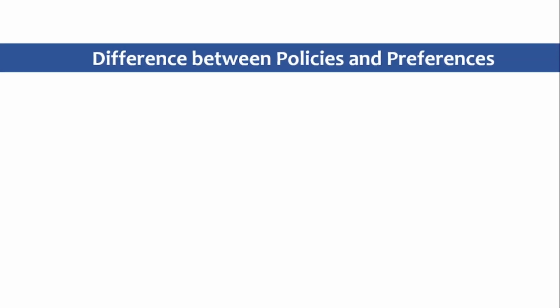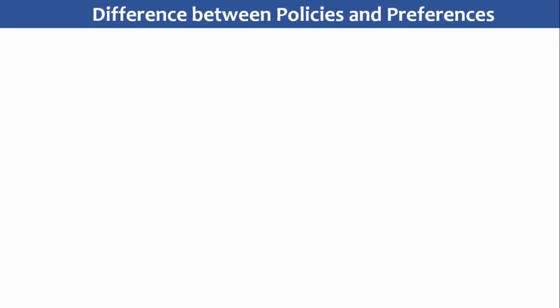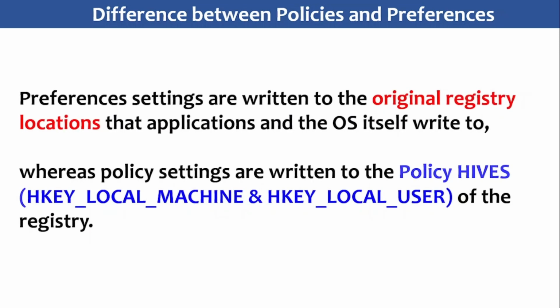Now let us look at the difference between policy and preferences. Preference settings are written to the original registry location that the application or the operating system itself writes to. Whereas policy settings are not written to the original registry locations.